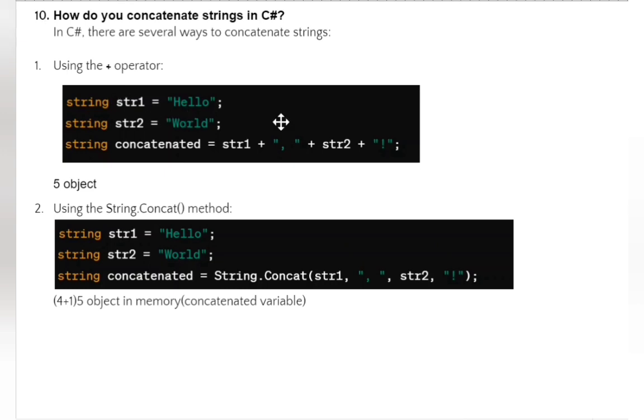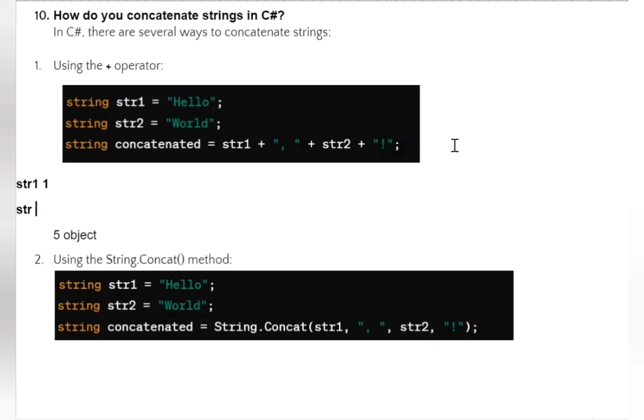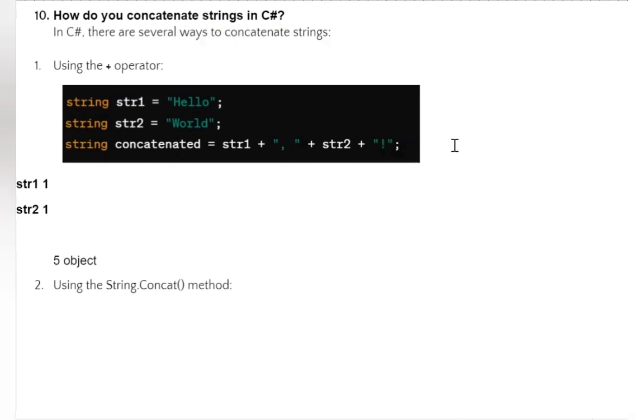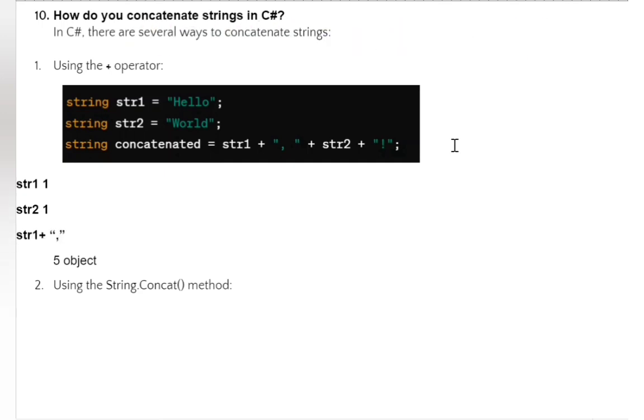For str1 it will create one object, for str2 again one object, and then in the concatenation of str1, it is appending a comma to it, so it will create one.